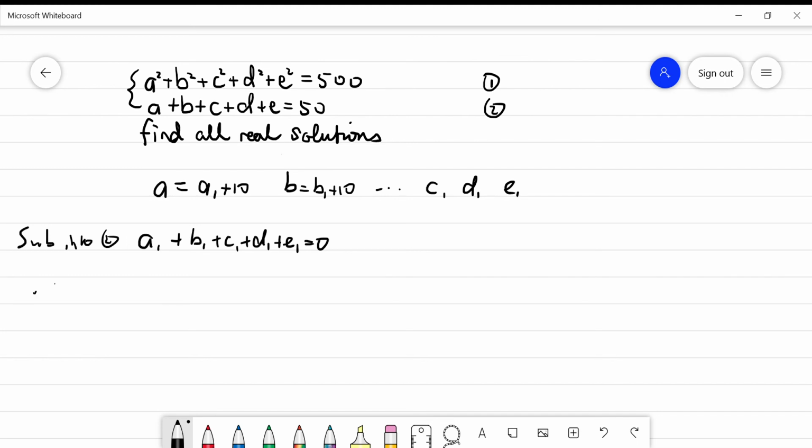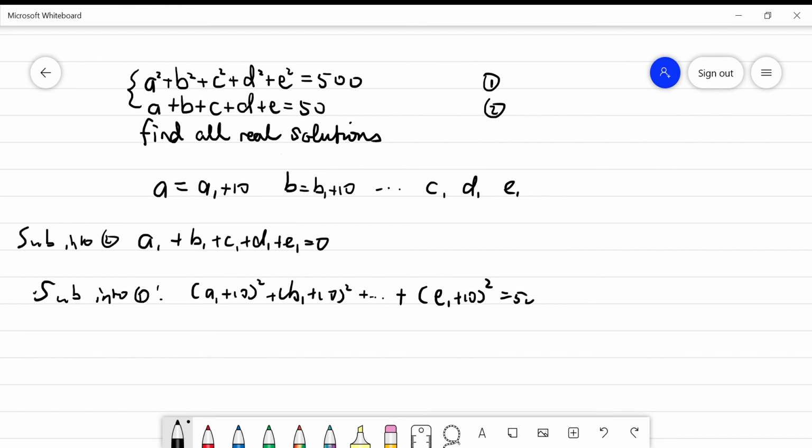Now we sub it into equation 1. We get (a1 plus 10) squared plus (b1 plus 10) squared plus the same goes for c1, d1, and e1, plus 10 squared, equals 500. Now we can feel we're very close because we have 5 of these 10 squared, which sum to 500 exactly.